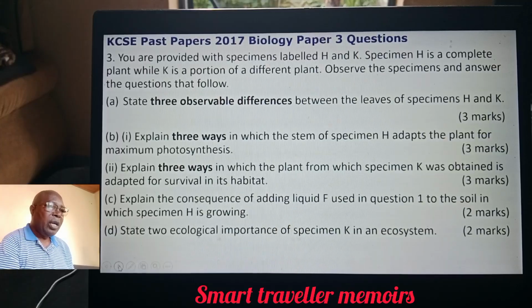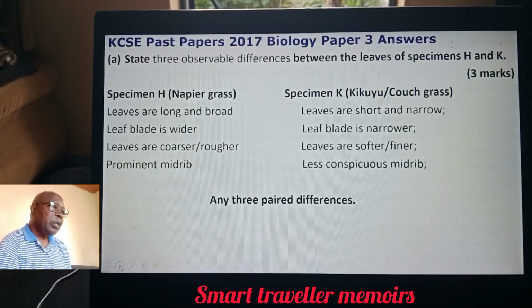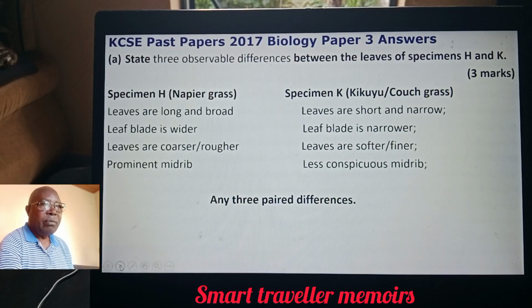B. Roman 2. Explain 3 ways in which the plant from which specimen K was obtained is adapted for survival in its habitat. C. Explain the consequence of adding liquid F used in question 1 to the soil in which specimen H is growing. And D. State 2 ecological importance of specimen K in an ecosystem.